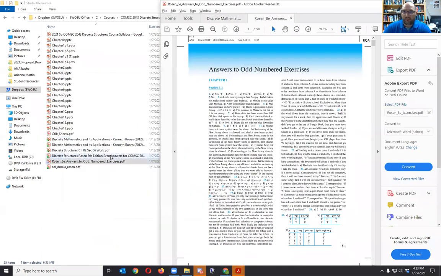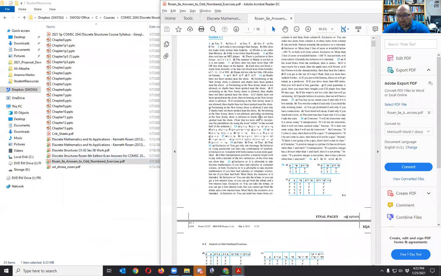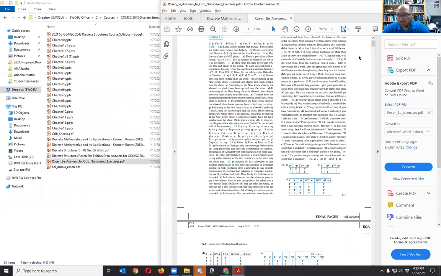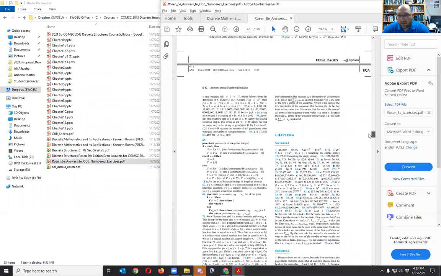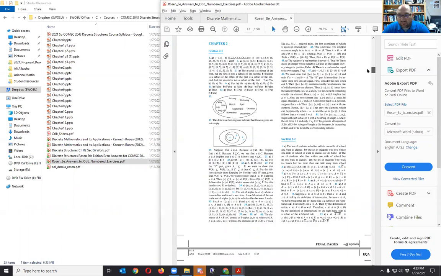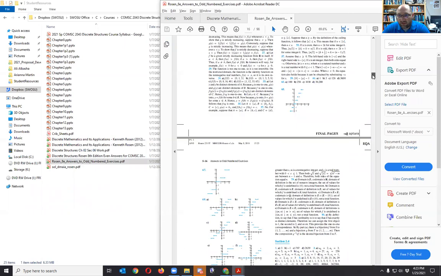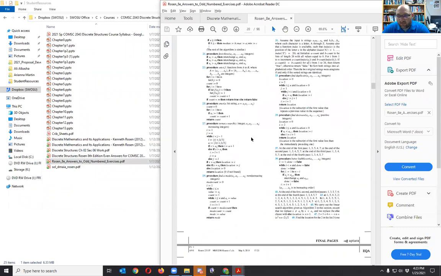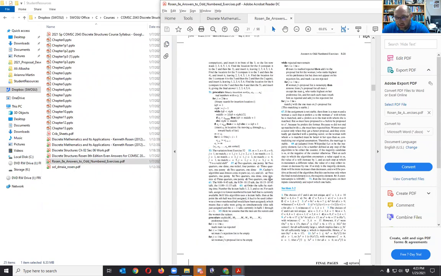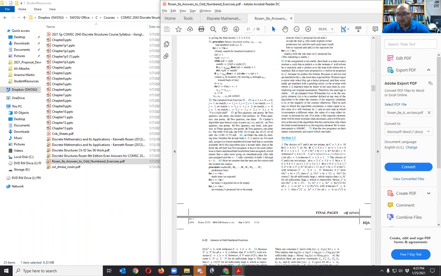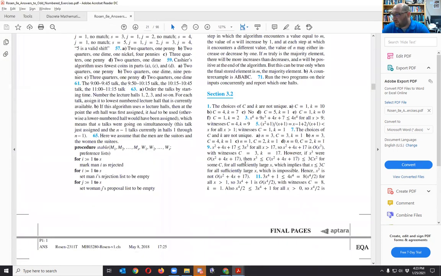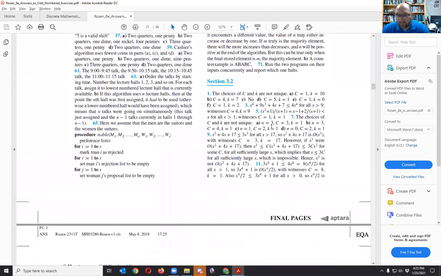Oh, it did pop up. Cool. A little more responsive now. So we need chapter 3. There we go. And now we're looking for 3.2. There's 3.2. And now we're looking for 3.2 problem 7.